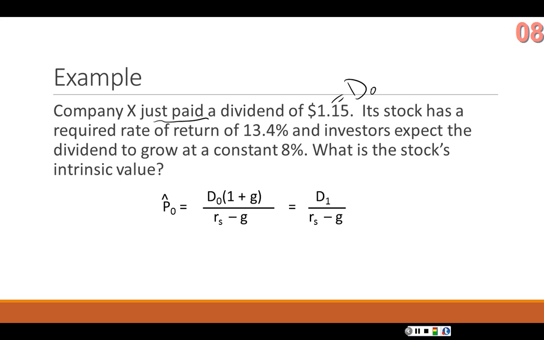Investors expect the dividend to grow at a constant 8%. So what is the stock's intrinsic value? We first need to calculate the next dividend payable. The next dividend payable would be D1, and that's equal to the last dividend paid, $1.15, times 1 plus the 8% growth rate.